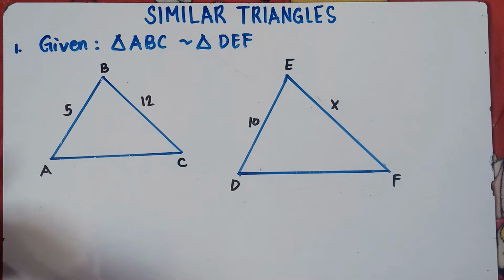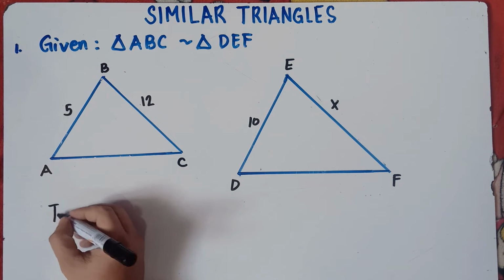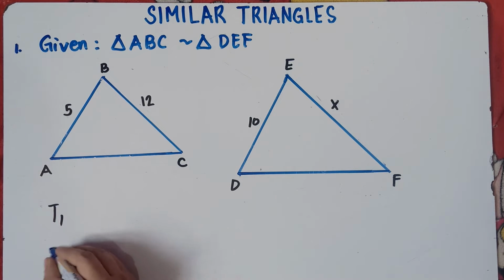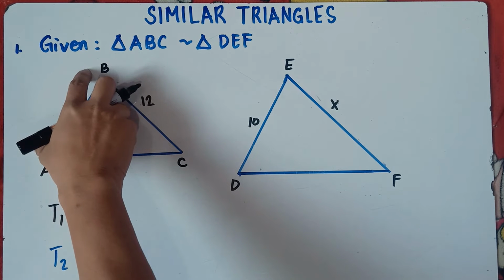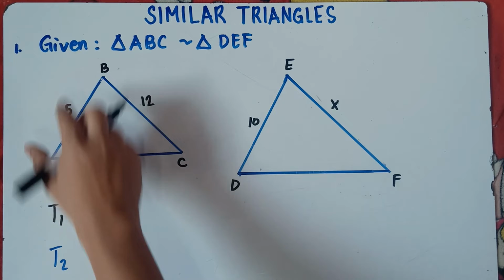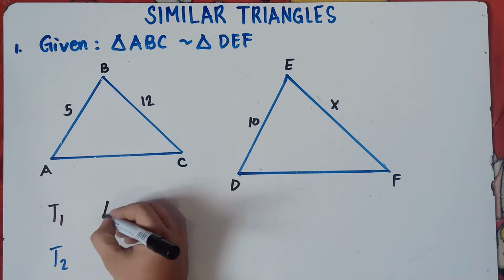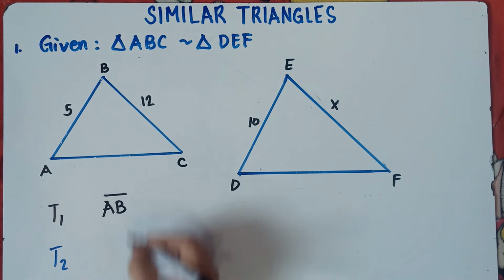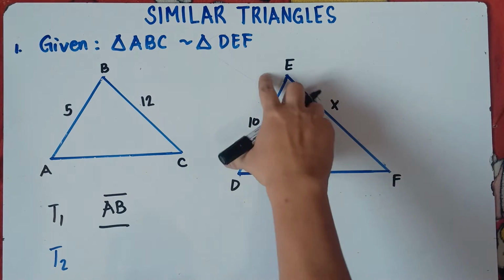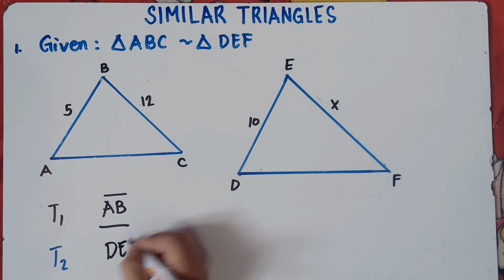But if you want the solution, this will be the solution, class. So, triangle 1 and then triangle 2. Triangle 1, that would be side AB or side BA. Let's have side AB over side DE.